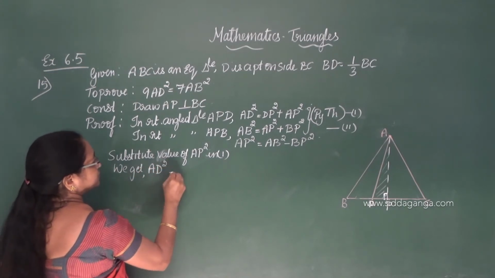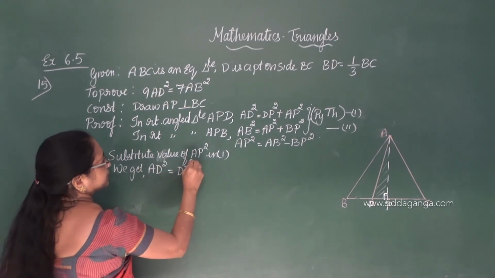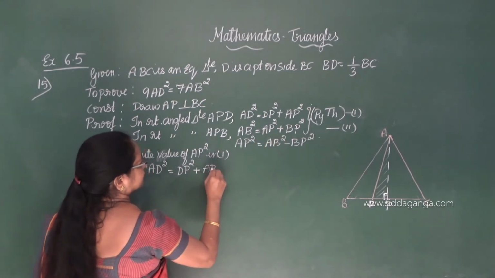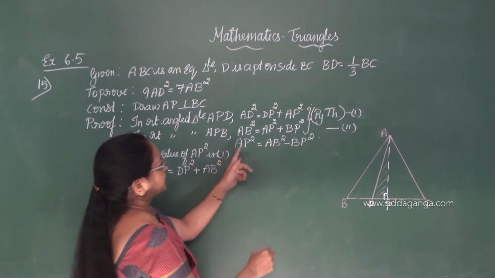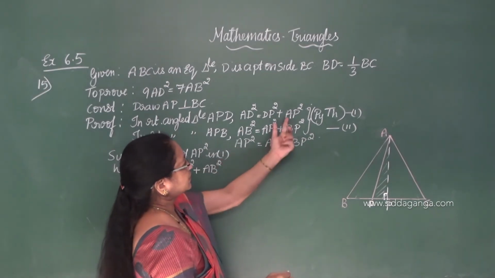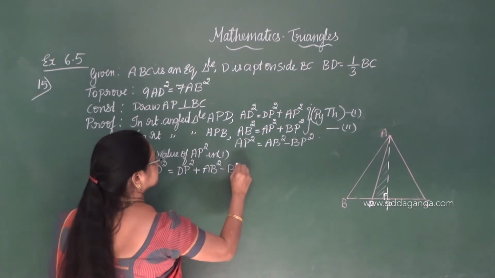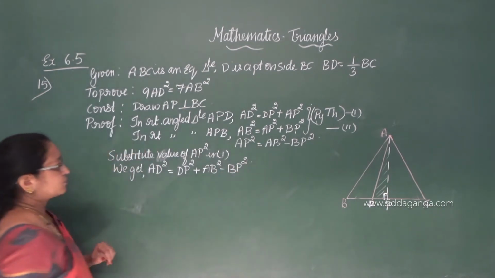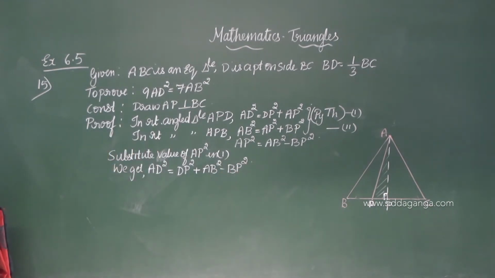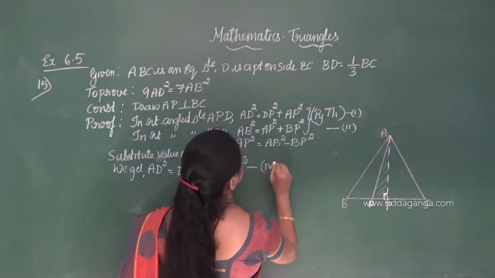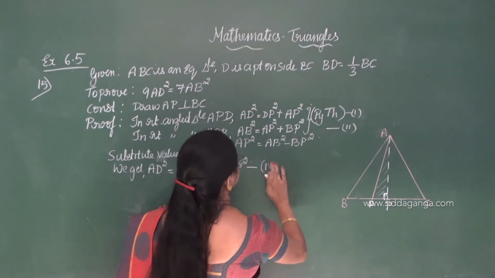AD square is equal to DP square plus AP square, and instead of AP square, I have substituted AB square minus BP square. Okay, now this will be our third equation.